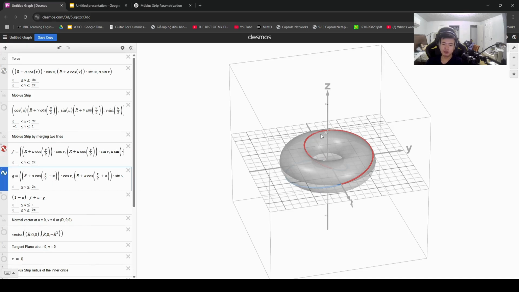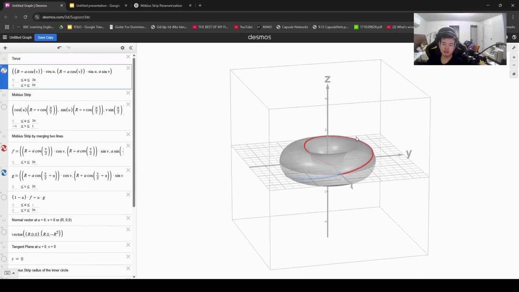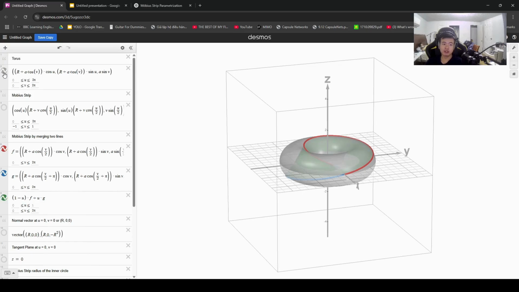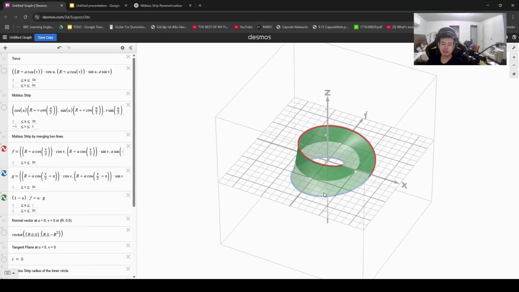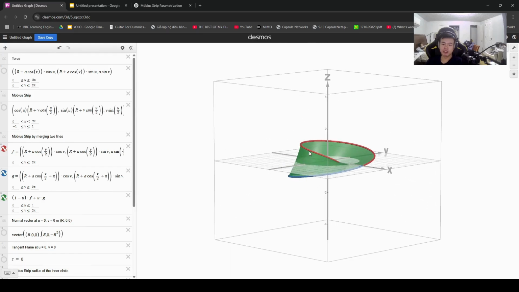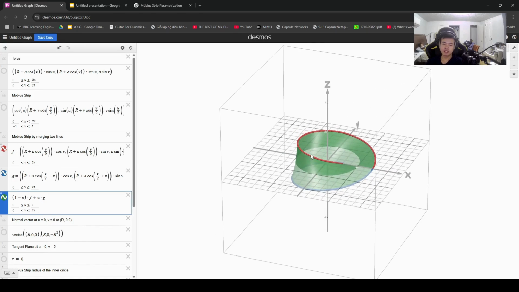Here we split that loop into two lines, the red line and the blue line. The fascinating part is that we can connect these two lines using a mathematical technique called convex combinations. The result forms a surface, and that surface is our Mobius strip. Let me hide the torus. So here is our Mobius strip, made from connecting the two lines together.